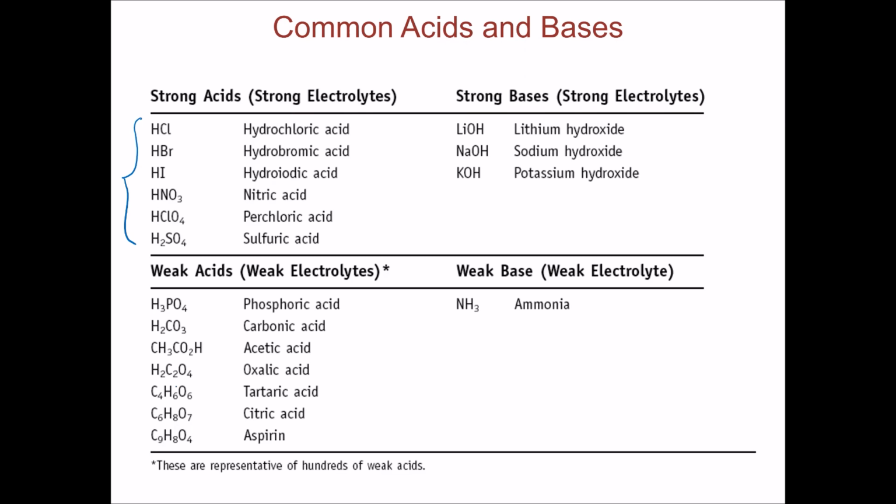You don't need to memorize the weak ones. Anything other than these 6 strong acids is going to be a weak acid. You also need to know these strong bases, because anything else is going to be a weak base. So that's an easy way to remember this classification of acids versus bases.